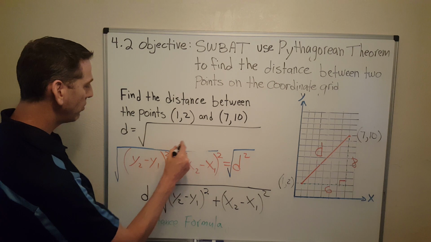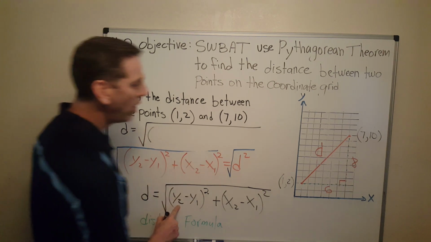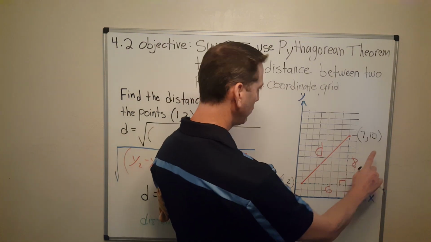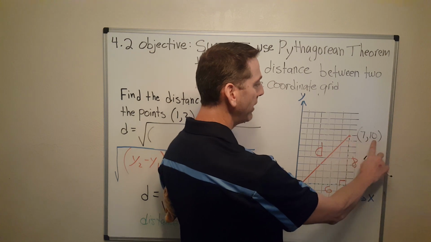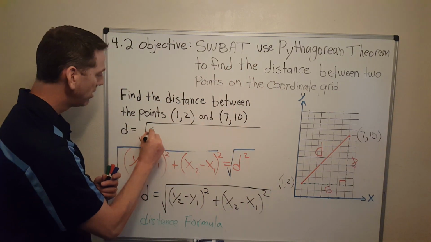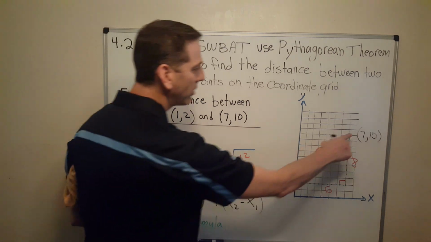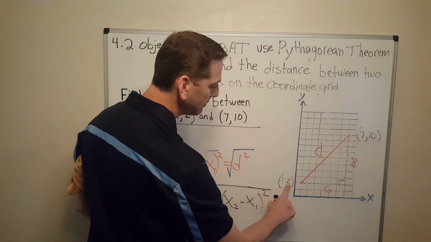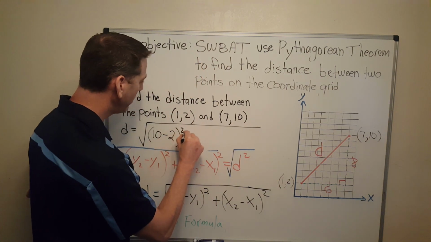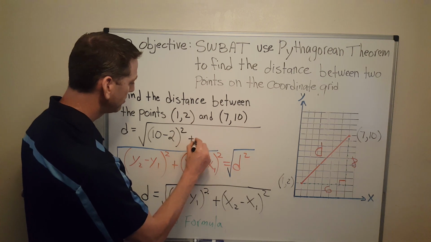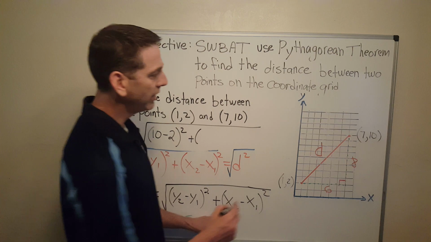So D equals y2. Well, which one's my second y coordinate? It's this one, right? So it's going to be 10 minus my first y coordinate, which is 2. Don't forget to square that. Now I got to add my x2.